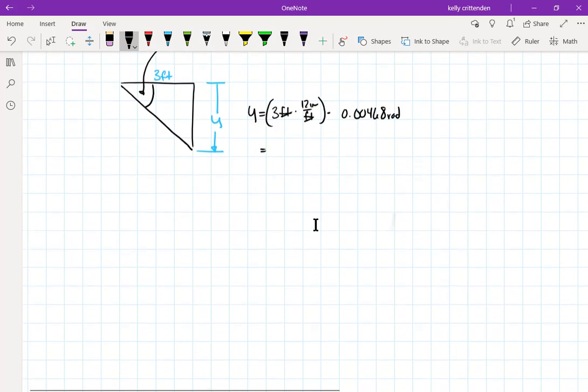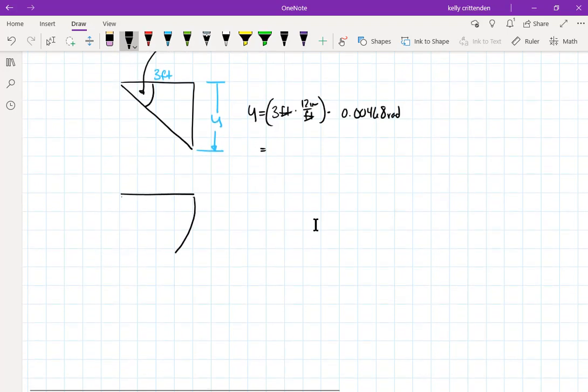So that would be the same thing like this, where this is theta and this is 3 feet. You might rather think of it like that. And as long as theta is small, those two things are the same. There's no difference between them, as long as theta is small, which it is, it's 0.00468.